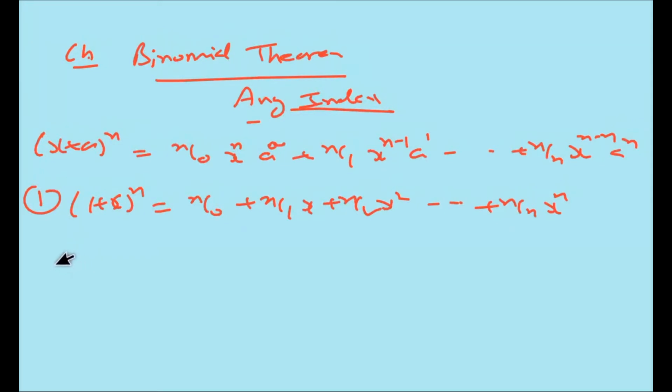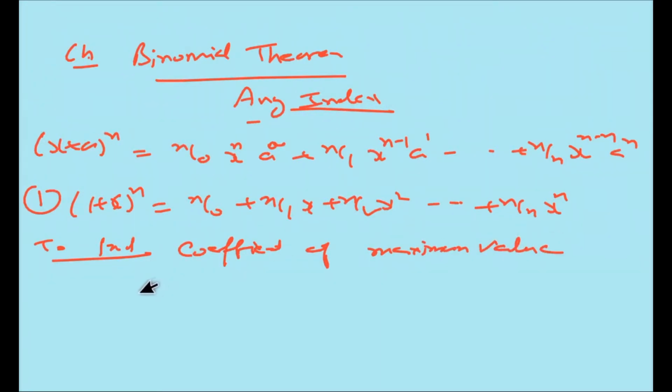Okay, to find the coefficient of maximum value, we notice that in this general term T(r+1), the coefficient will be nCr.